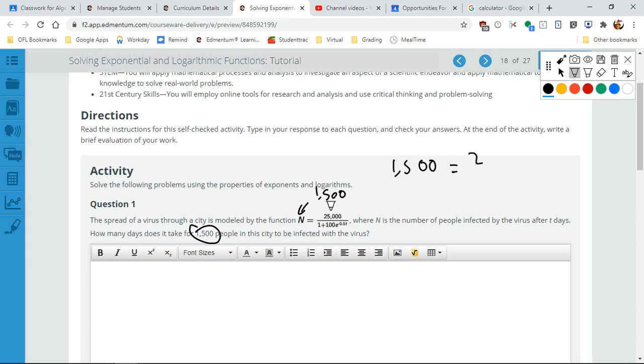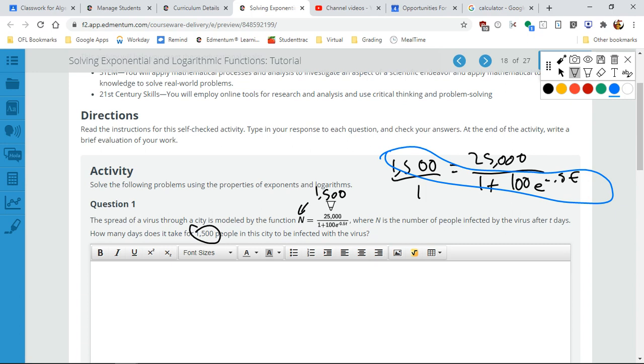equals this. One thing that I want you guys to remember is whenever you have something equal to a fraction, I want you to do cross multiplication. It'll just make it feel a lot easier for you. So give me a second while I copy this down, 0.5t. Pretend that there's a 1 here, and then we're just going to cross multiply.